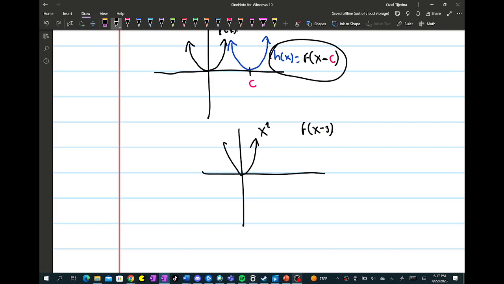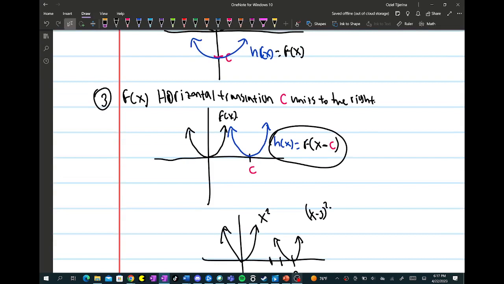Well, that means I'm going to go 3 units to the right, and this will be my translated function h of x. So my translated function will be x minus 3 quantity squared. That is the idea of horizontal translation to the right.